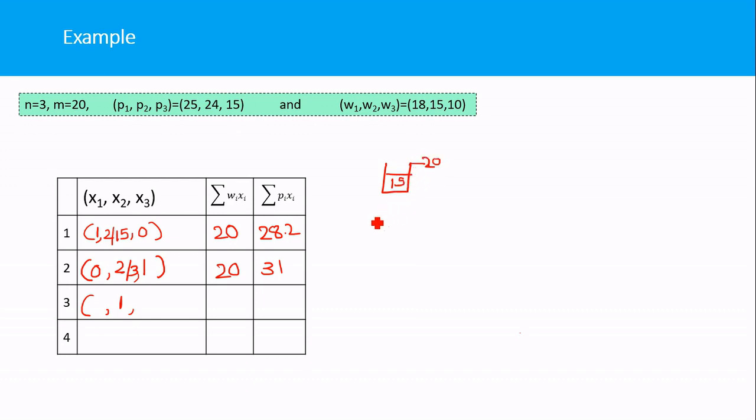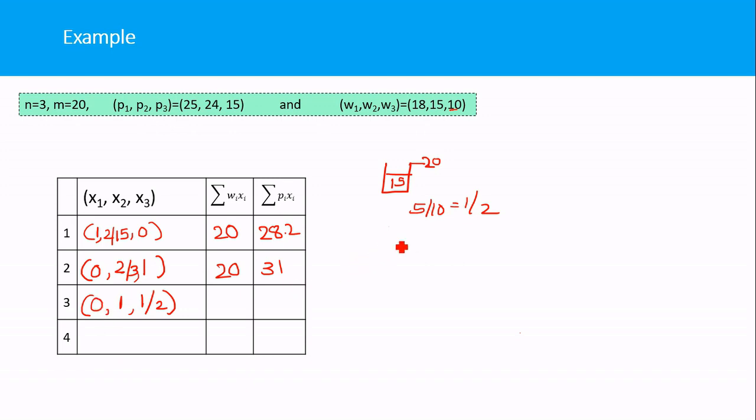Imagine that I am taking the third item next. Only 5 kg is left, so I have to take 5 out of 10, that is half of the third item. So half of the third item I will take, and by that time the sack will be filled and I will not take the first item.